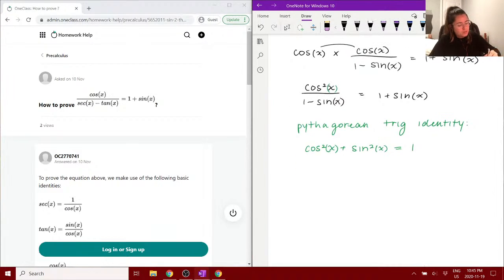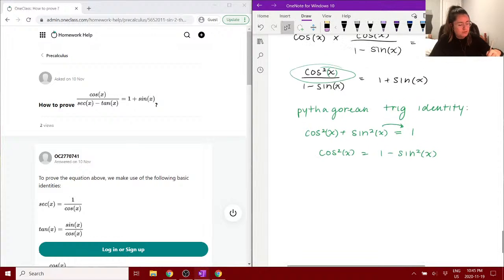So you can see here in the numerator, we just have cosine x squared. So let's rearrange for that. We have cos of x squared, or cos squared of x, is equal to 1 minus sine squared of x, just by subtracting it from both sides and moving it over.